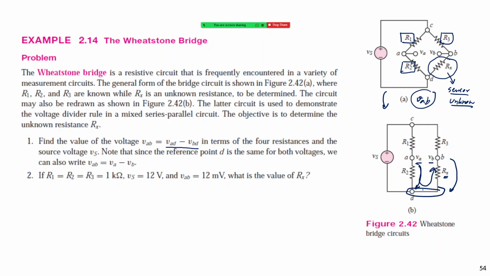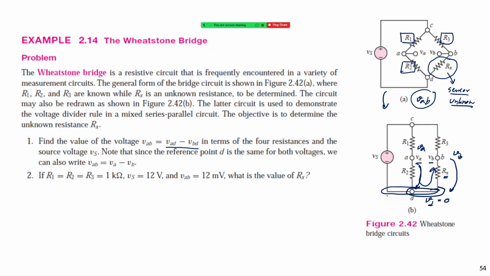So if we use VD as reference, VAB is VA minus VB. VA means VA compared to the reference. VB in this case is VB compared to the reference. So we use the reference concept, right?